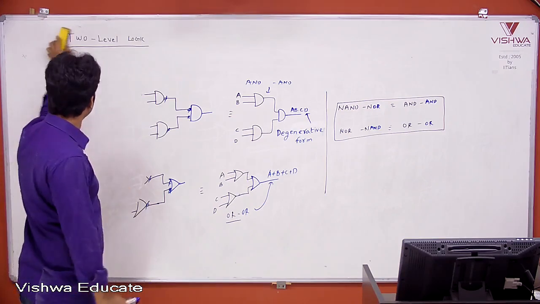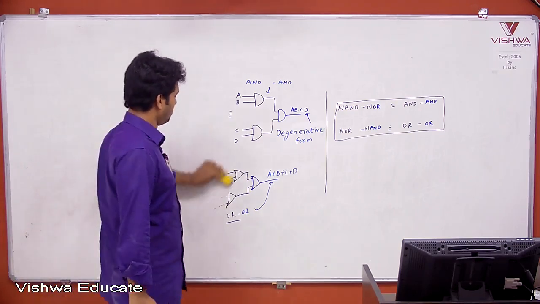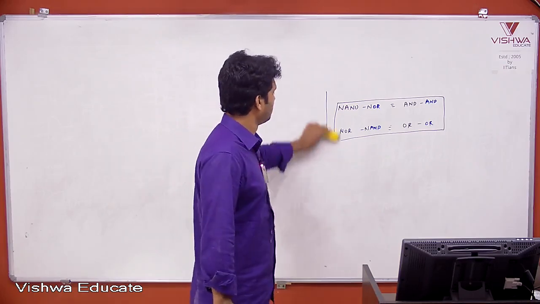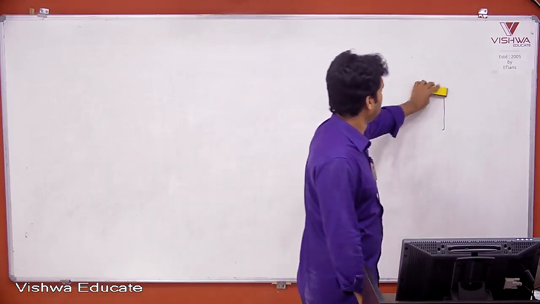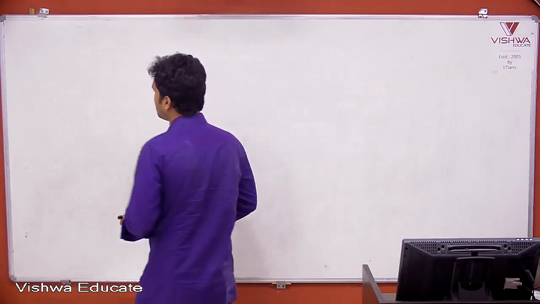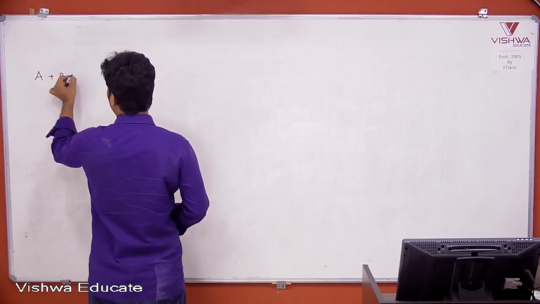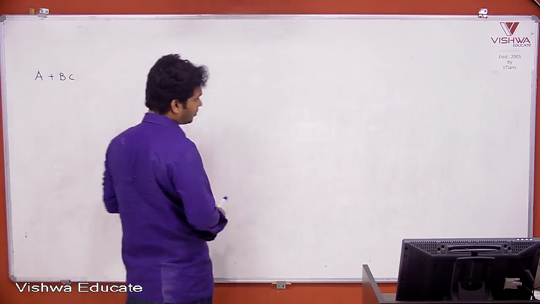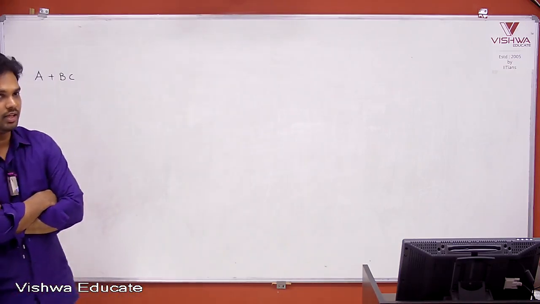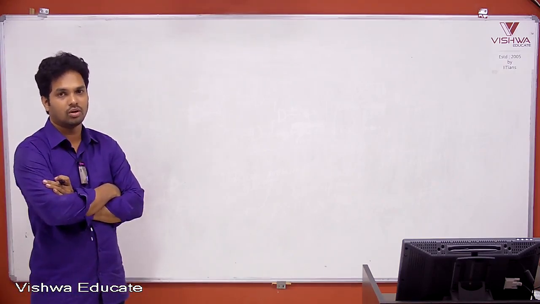Implement the function A plus BC using the minimum number of 2 input NOR gates.